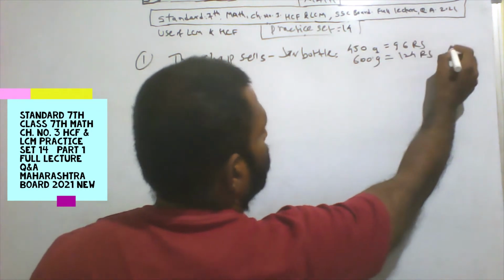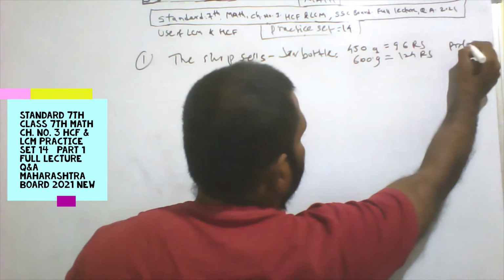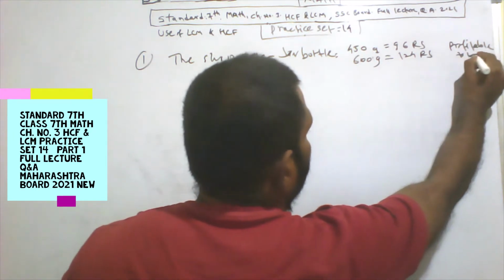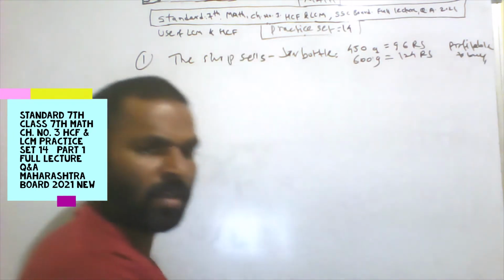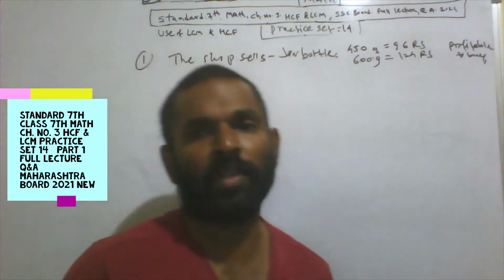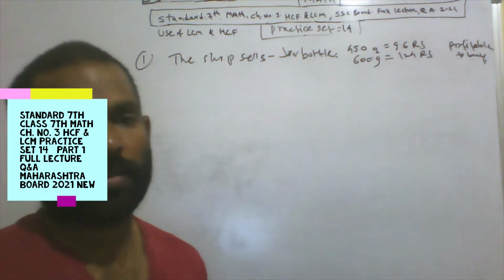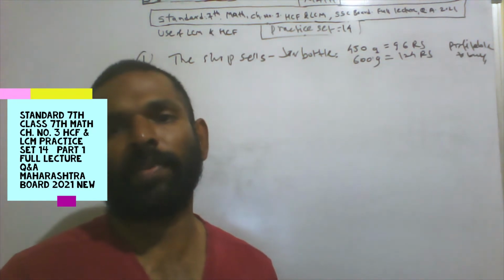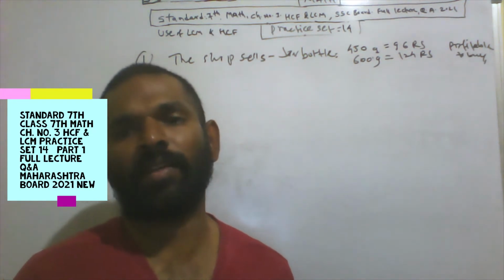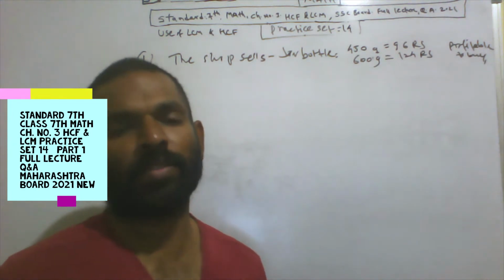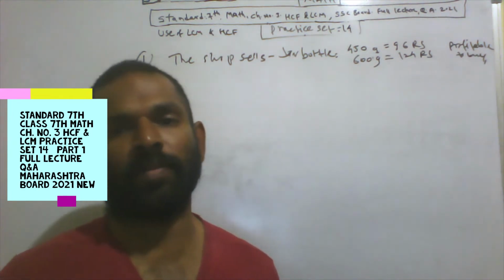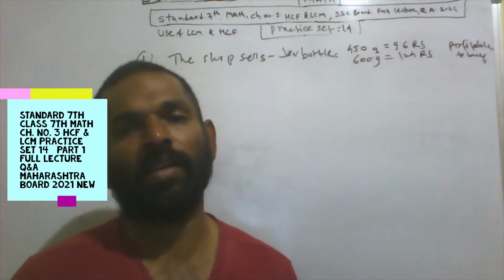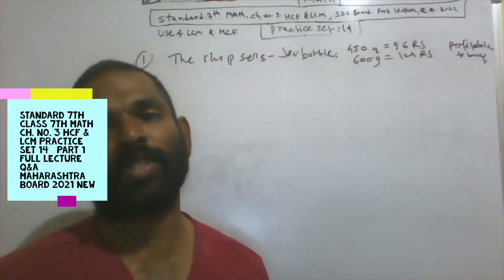Which is profitable to buy? In the regular method, we divide 96 by 450 and 124 by 600, find the price of 1 gram of each bottle, then compare the prices and find which is profitable.